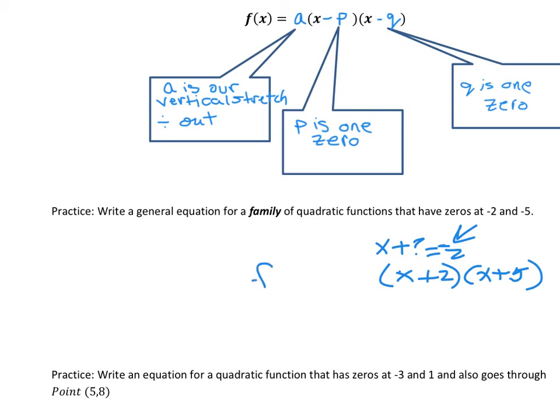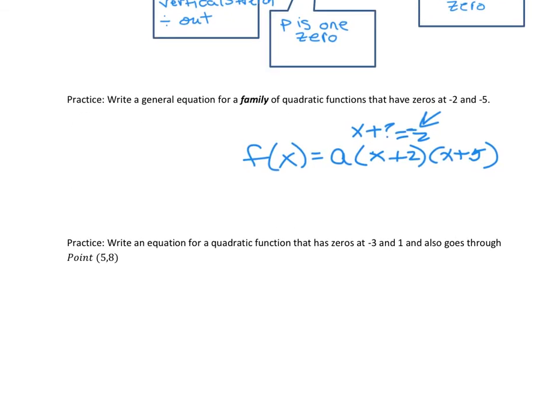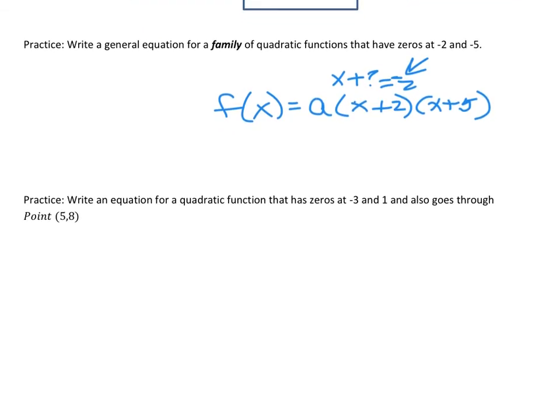And then we have some kind of multiplier up front here, and that would be our generalized family.